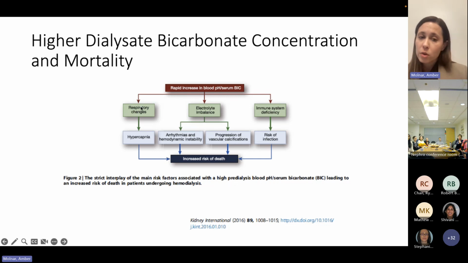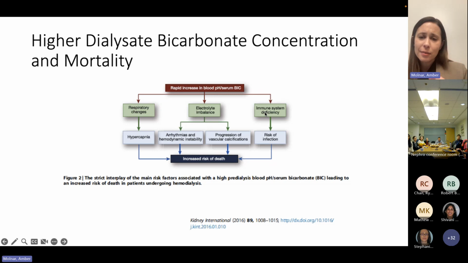So there could be respiratory changes, in particular in patients with respiratory disease, with increased hypercapnia with the use of higher dialysate bicarbonate. The metabolic alkalosis could be driving electrolyte imbalances such as hypokalemia and hypocalcemia that could potentiate arrhythmias, hemodynamic instability. There's less data for this, but metabolic alkalosis could potentially increase the risk of progression of vascular calcification.